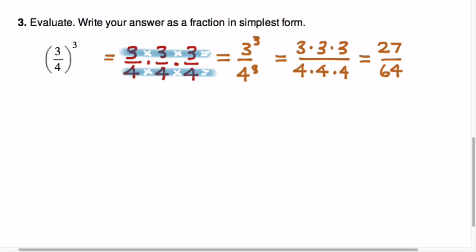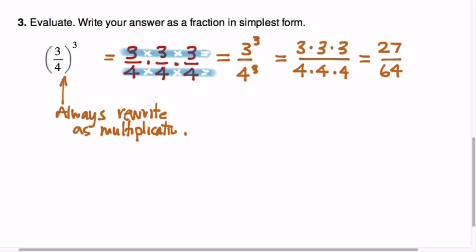So to the extent that it's possible, always rewrite an exponent question as a multiplication question, because multiplication is easier to think about. And we do get 27 over 64 as our final answer.